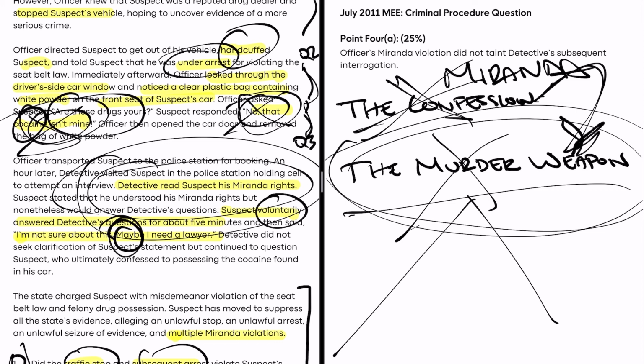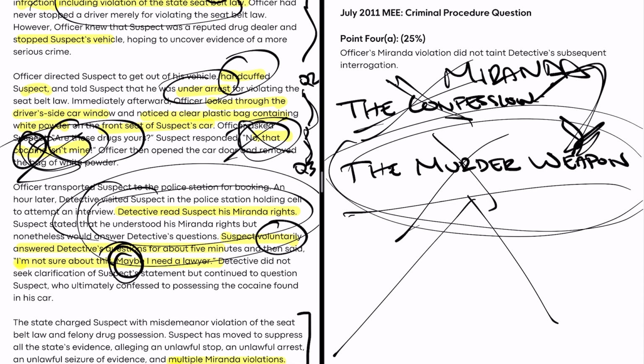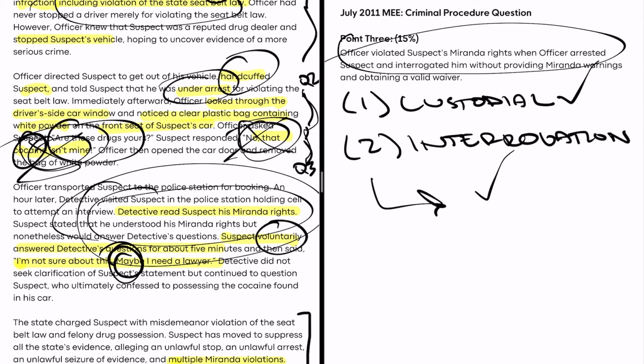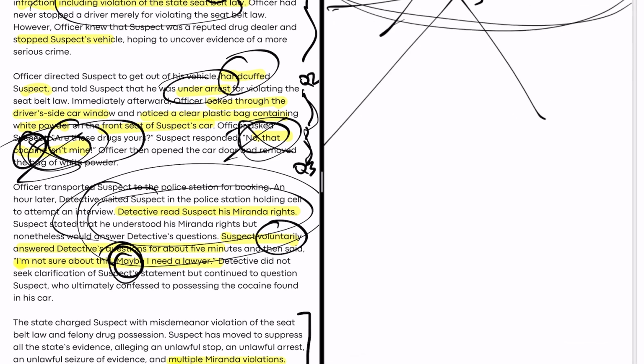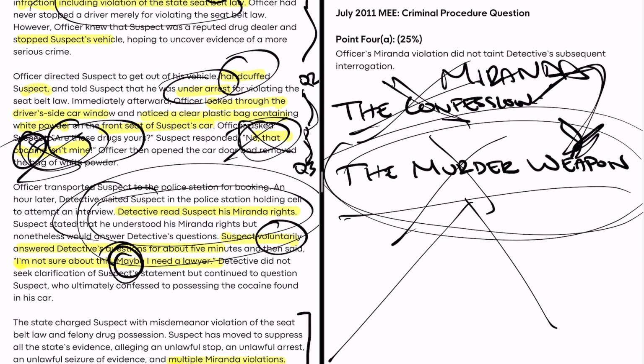There was maybe an argument that the earlier Miranda violation, if we think back to point 3, where the officer arrested the suspect and interrogated him without providing Miranda warnings and obtaining a valid waiver, right? Could that violation have tainted the future confession that the detective gets?